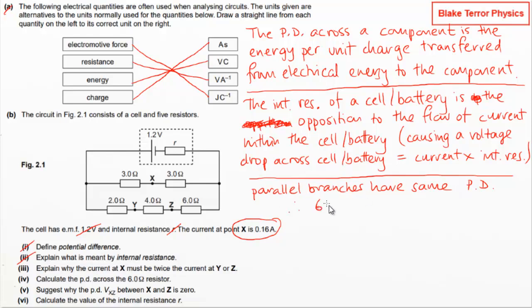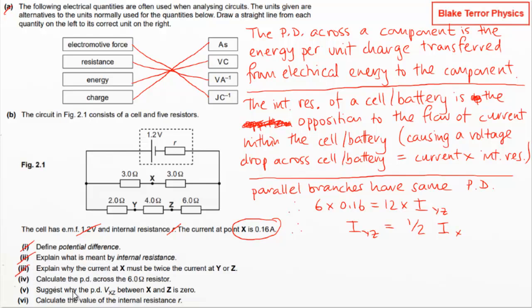So we can say that 6 times 0.16 has got to be equal to 12 times the current through Y and Z. Therefore, we can say the current through Y and Z is equal to half of the current through X.